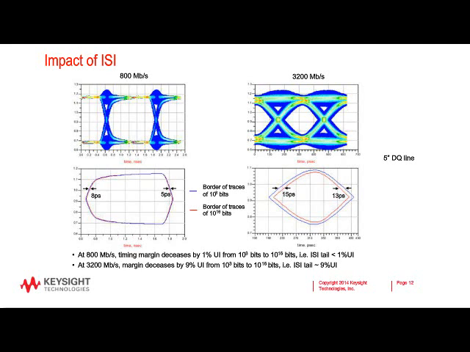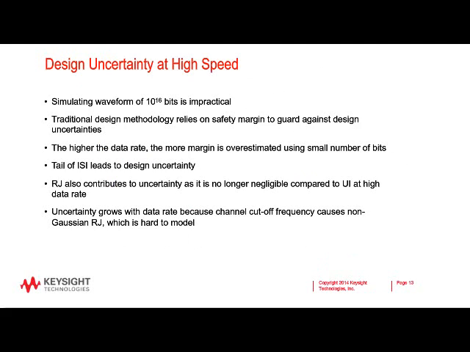You have plenty of open eye. The spread of the rise times is pretty minimal. But when you go to 3.2 gigabits per second, you can see with a smaller unit interval, even with a 5-inch line, you're getting substantial encroachment of the ISI and the RJ here. So this motivates this new spec.